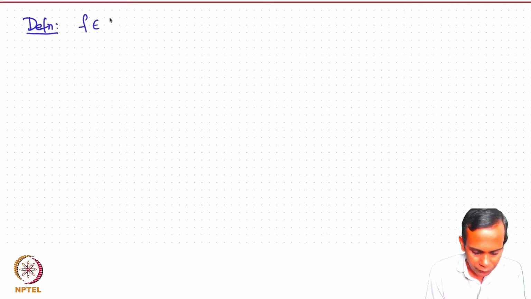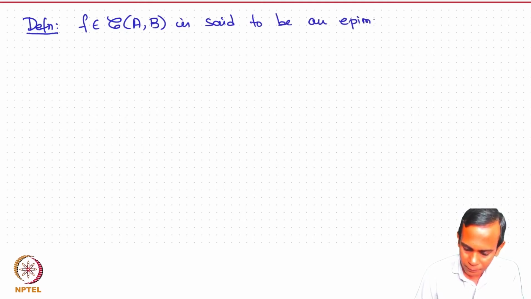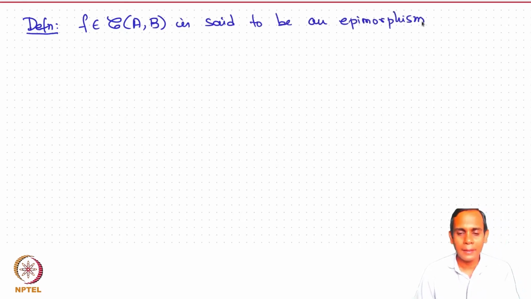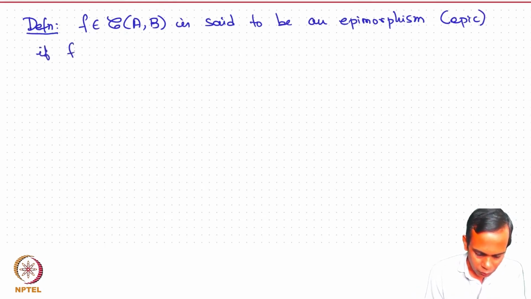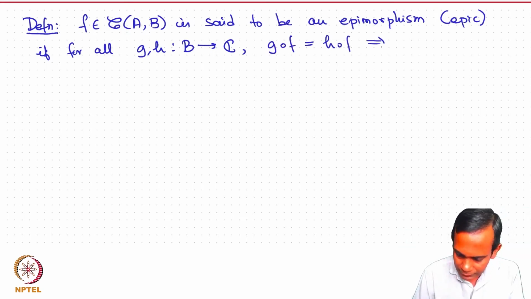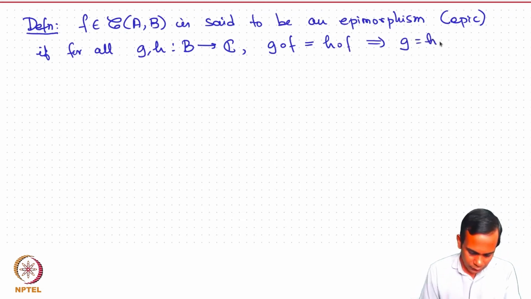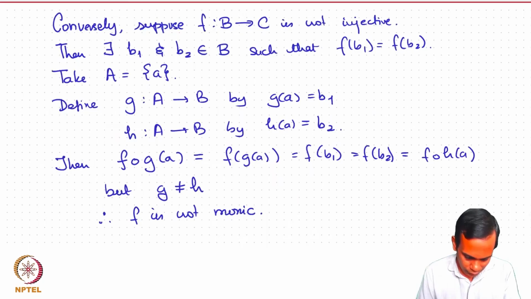So F, an arrow in a category from an object A to an object B, is said to be an epimorphism, and the abbreviation for this is epic, if for all objects C and morphisms G, H from B to C, G circle F equals H circle F implies that G is equal to H. So it's very similar to the definition of monic, except that now the direction of the arrows has changed.